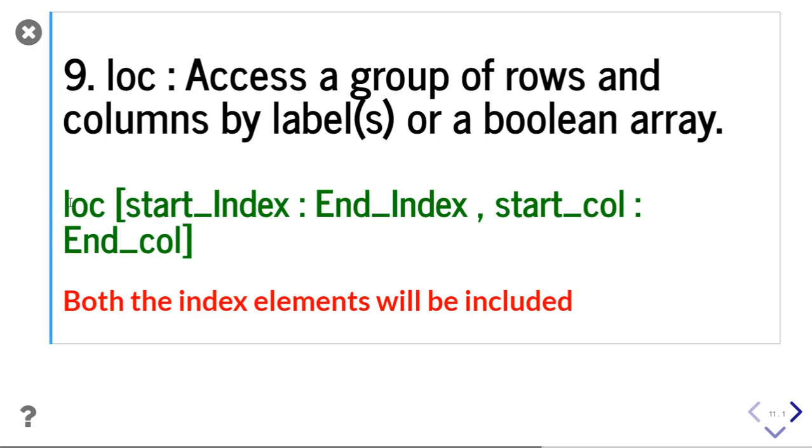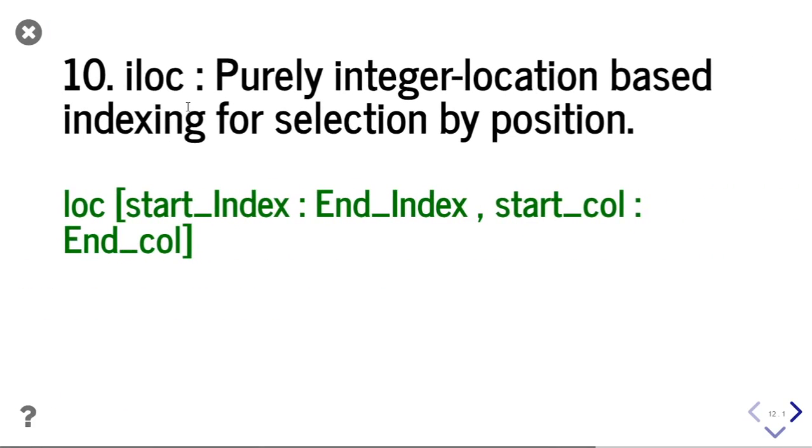Again, there is two things, LOC and iloc. In LOC, we will provide index name and column name, and in iloc, we will provide our column positions and index positions, that will start from 0 up to number of columns minus 1, and in case of indexes also start from 0 and number of indexes, number of rows minus 1.